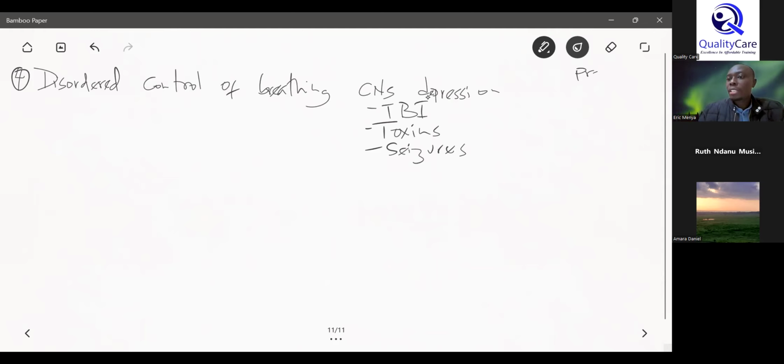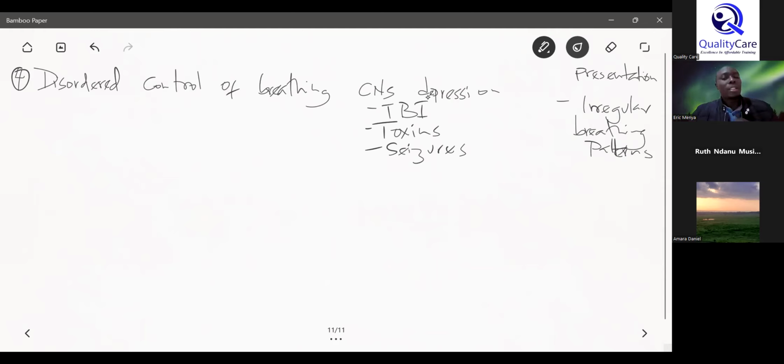Presentation. Irregular breathing patterns. So that is why when we were assessing, we assess for the regularity of the breathing pattern of the patient.